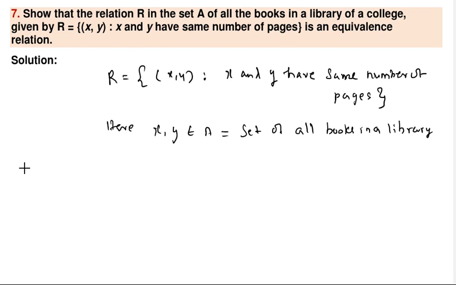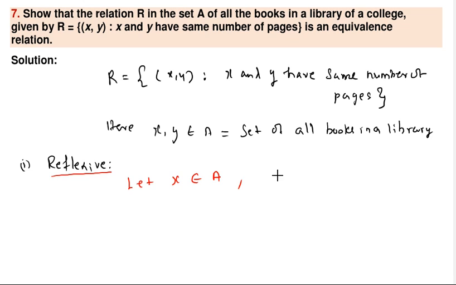First we have to test whether it is reflexive or not. To test reflexive, let us take any element of the set A, that is, any book from the library. Let x belong to A. What is A? The set of all books in a library.